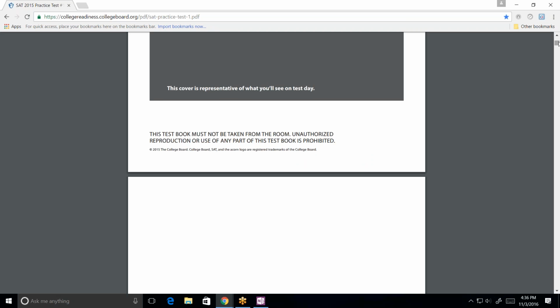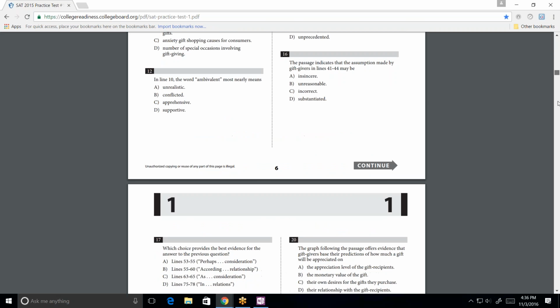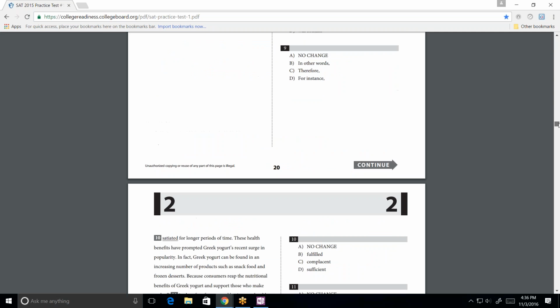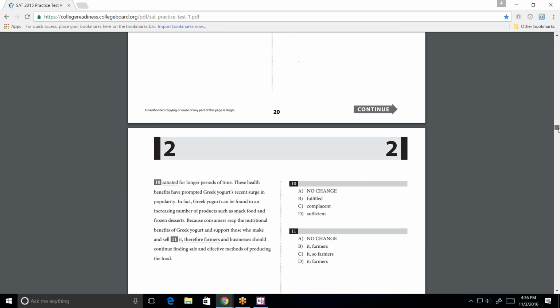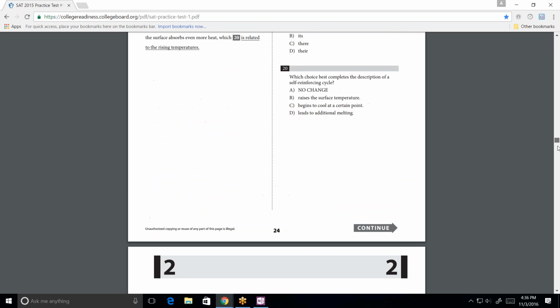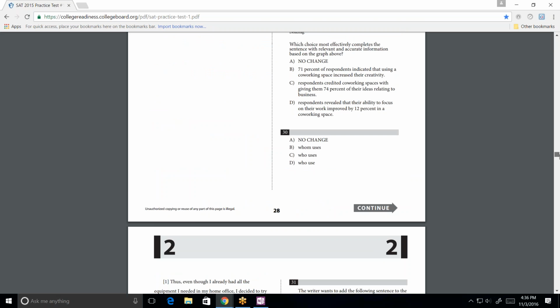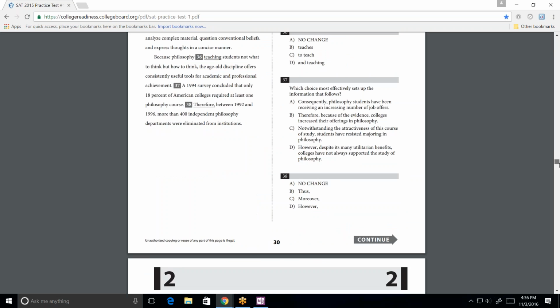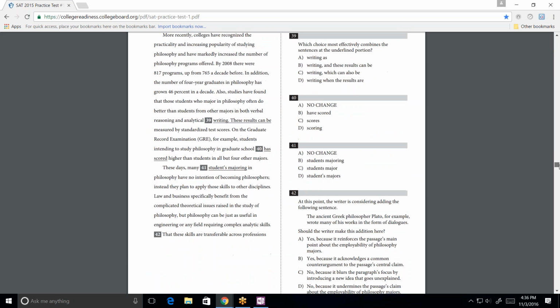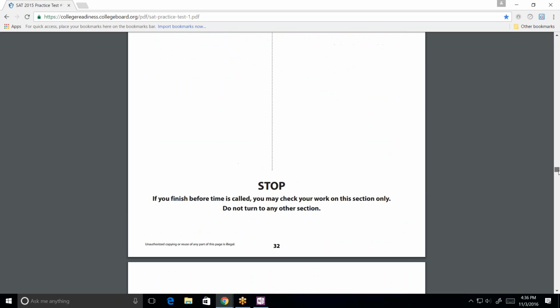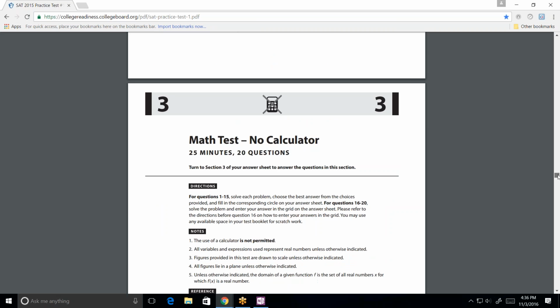Let's see, I need to go. This is from the College Readiness Board, which is the organization that makes the tests. I cannot imagine a practice material that's any better than this.